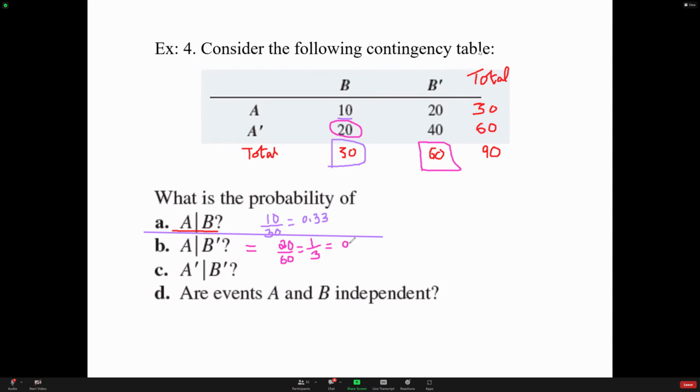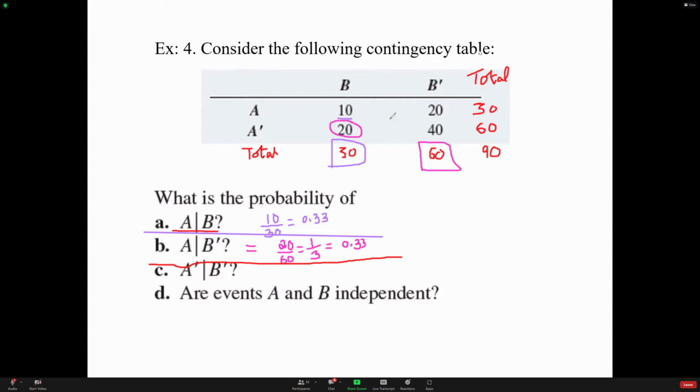All right, so this is the probability of A given that the B complement has occurred. Okay, so next, the probability of A complement given B complement has occurred.